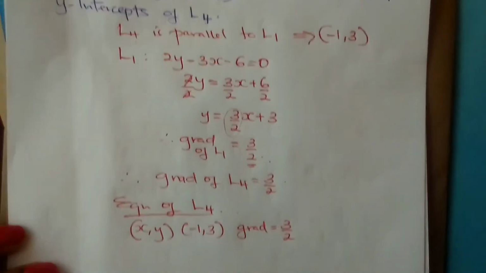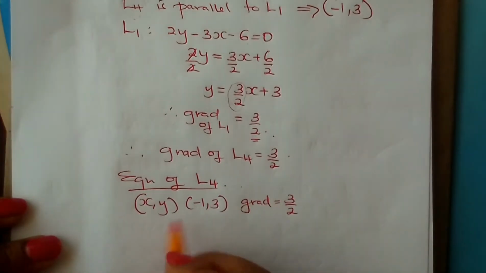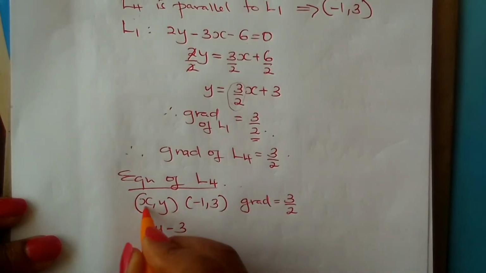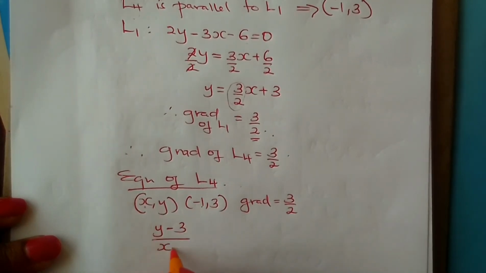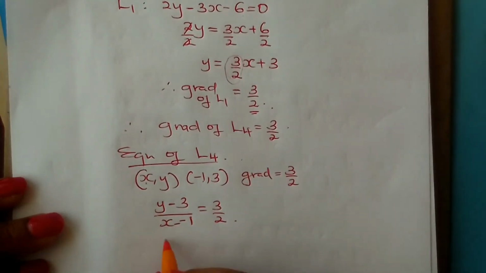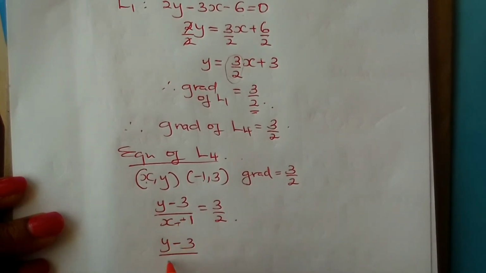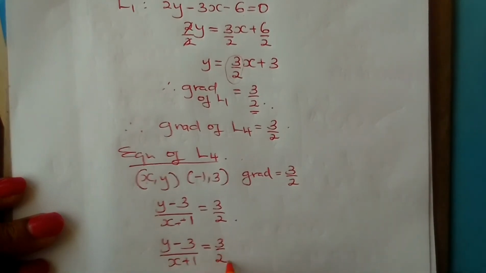So with this, learner, you can say change in y over change in x is equal to 3/2, which we write as y minus 3 divided by x minus -1. This becomes plus, because minus followed by minus is plus. So x plus 1 is equal to 3/2.